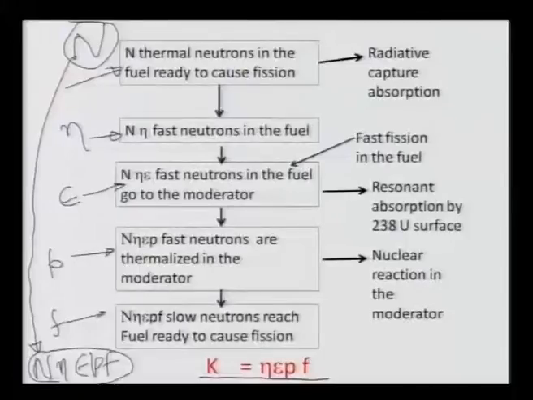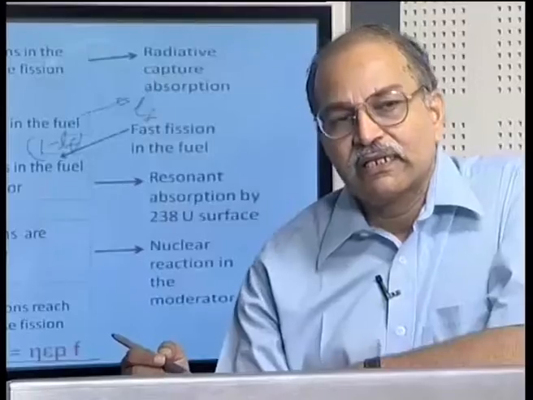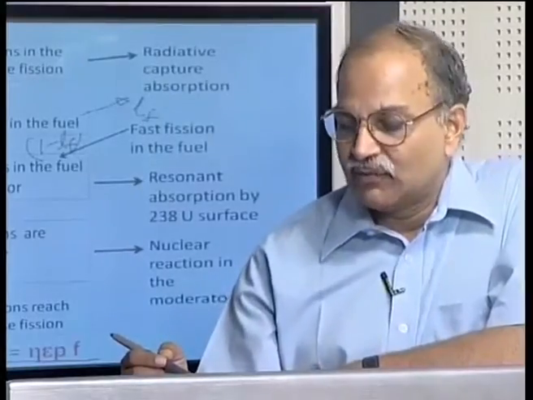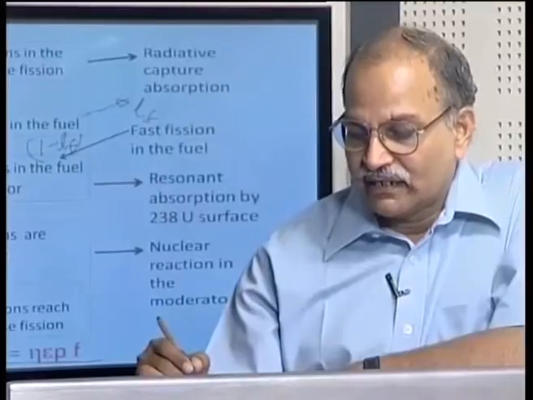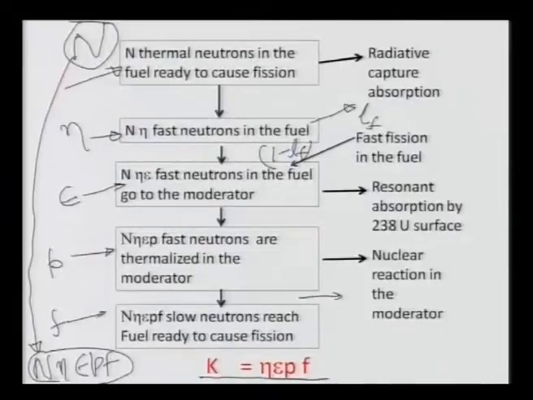So, some of the fast neutrons which are produced can go out of the core volume, and that factor is the leak factor Lf; then only 1 minus Lf goes to the next channels. And similarly, once they are thermalized, slow neutrons also, during their random wandering, can move out of the core volume, and if you write that slow neutron leak as Ls, then only that 1 minus Ls factor will be surviving.